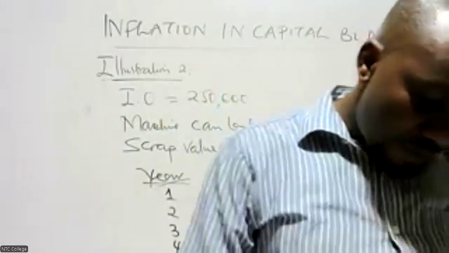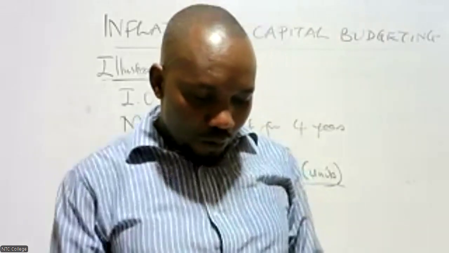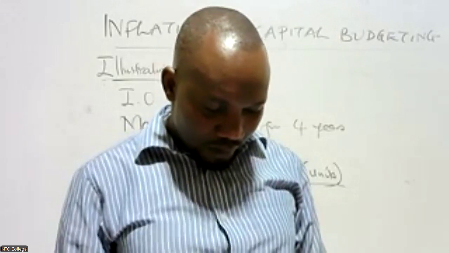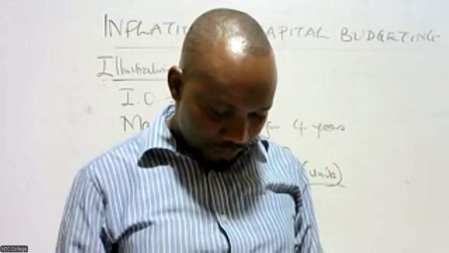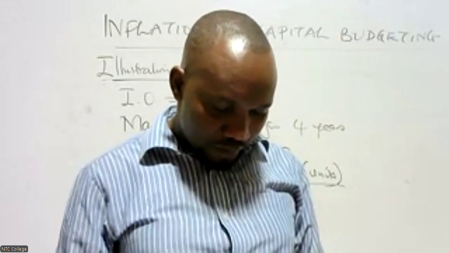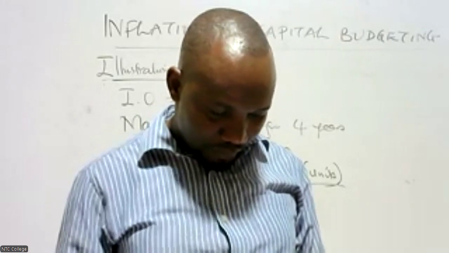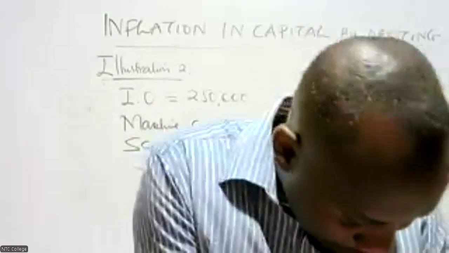The variable cost is 7.8 shillings per unit.